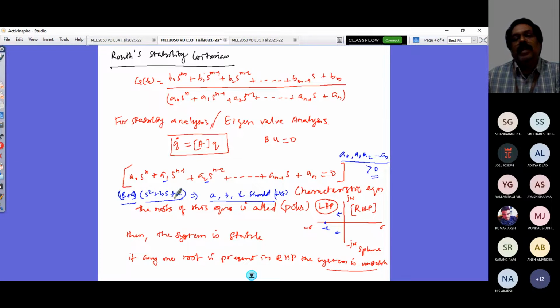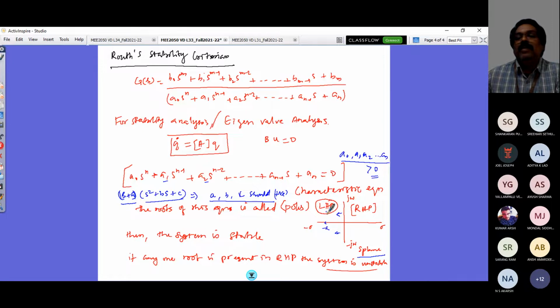These factors are useful for finding the roots of this nth order polynomial. If all the roots of this polynomial lie on the left half of your complex plane, called the S plane, then the system is absolutely stable.